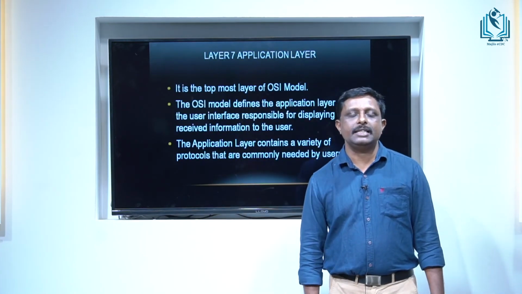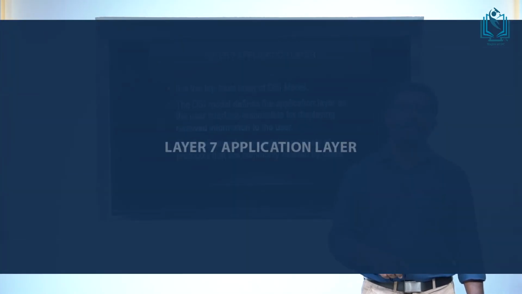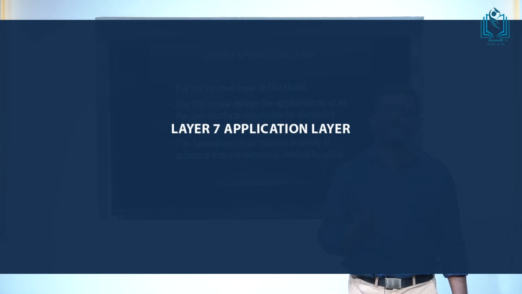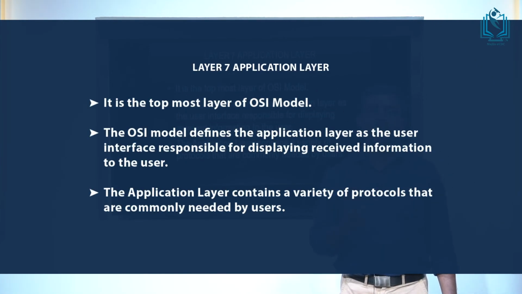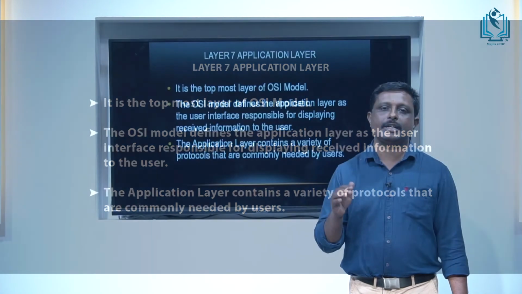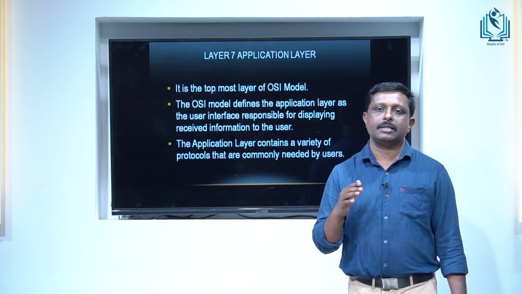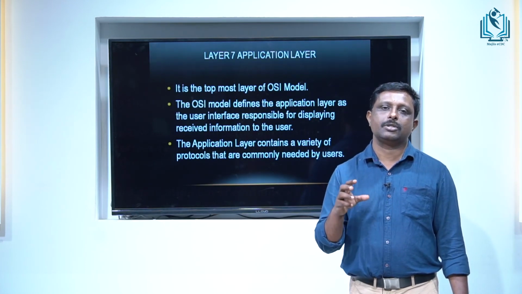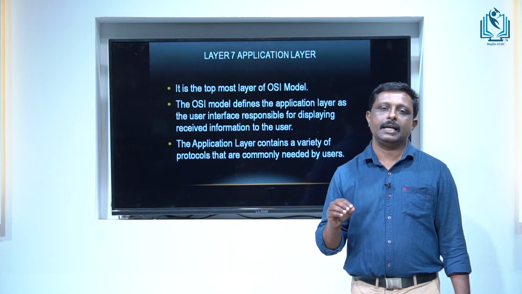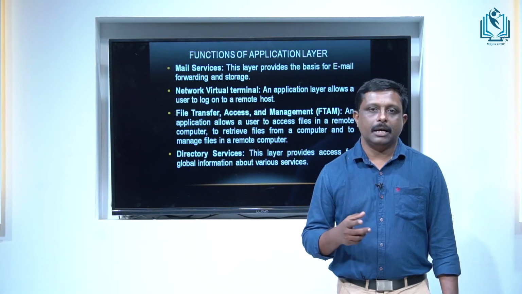The last layer is the application layer, which is the topmost layer of the ISO OSI model. User applications and users actually interact with this layer, and user-supporting protocols are also available in this layer. The main functions of the application layer.